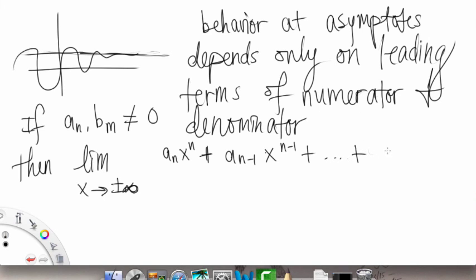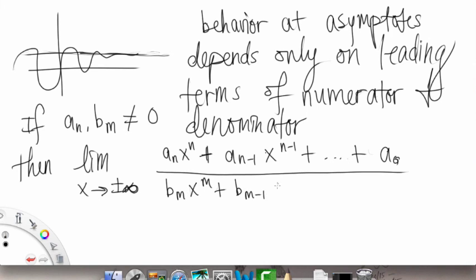This is a polynomial, until we get a naught. On the bottom we have something similar, but now with m's instead: b sub m minus 1 x to the m minus 1, and continuing terms, and then b naught.